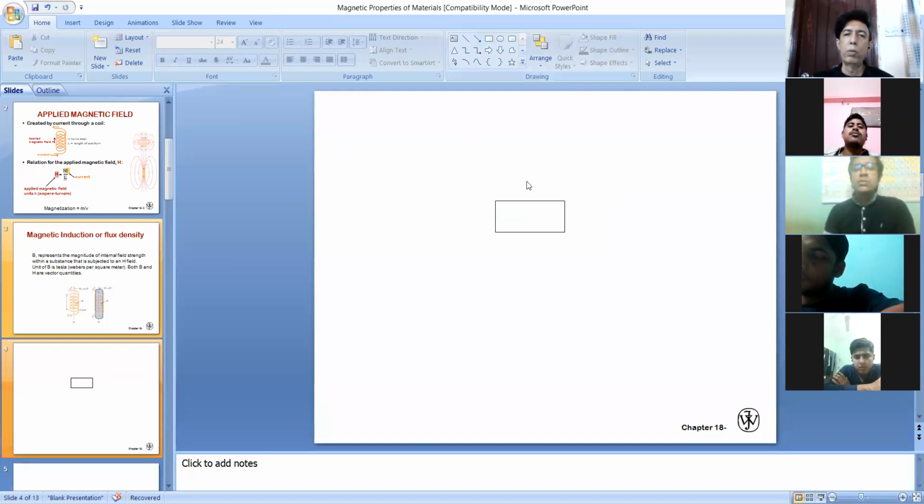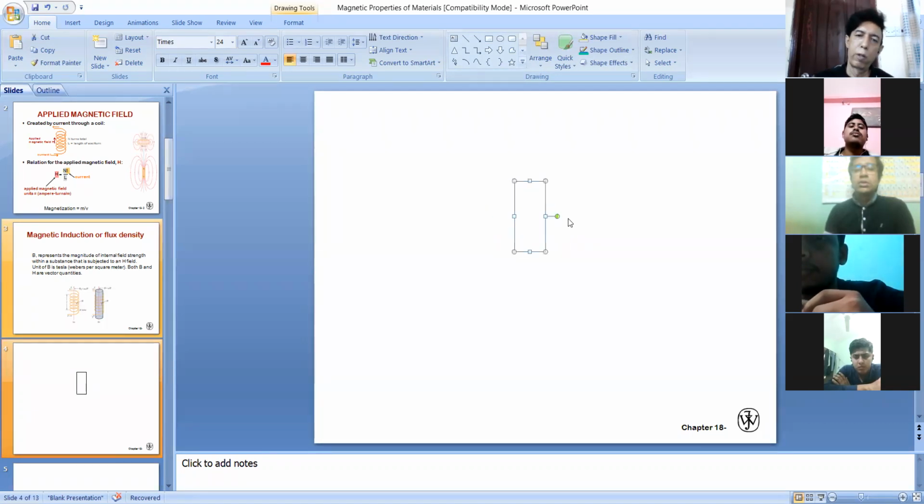Say, for example, this is a magnetic material, and these are the lines of forces. Say this is one line of force.